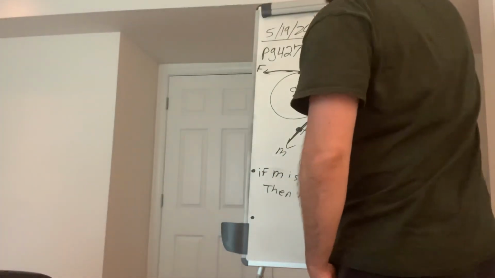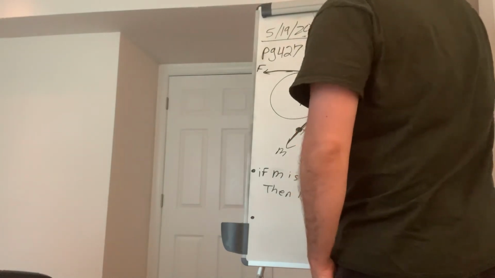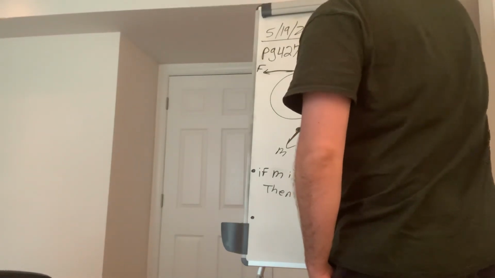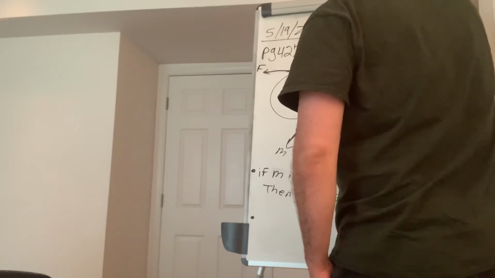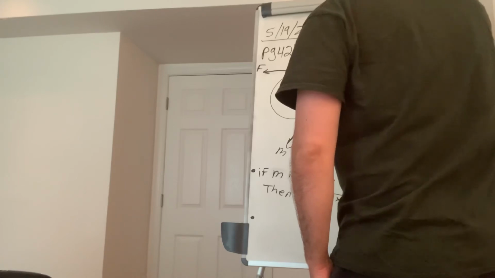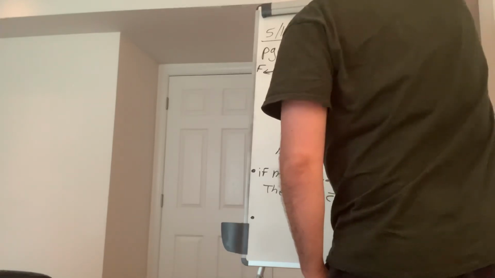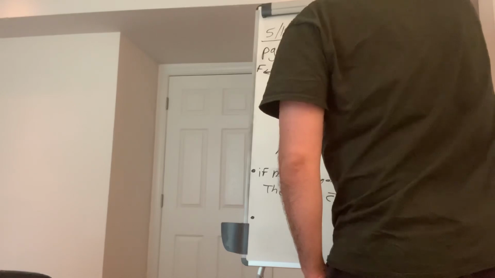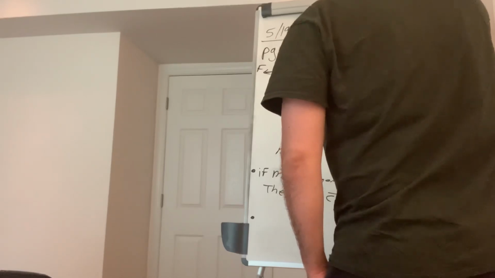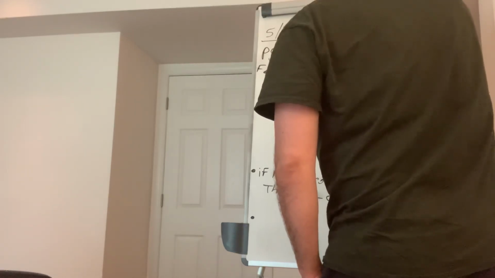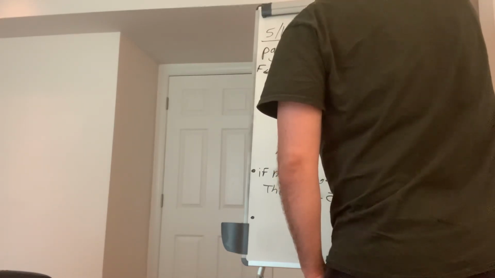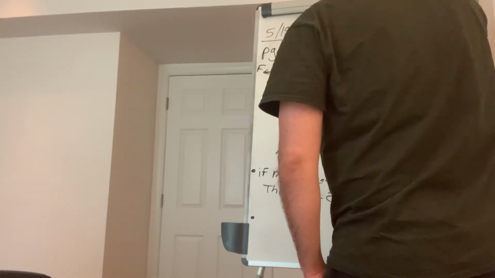So if F and M are tangents, then their intersection makes line segment PY congruent to line segment XY.